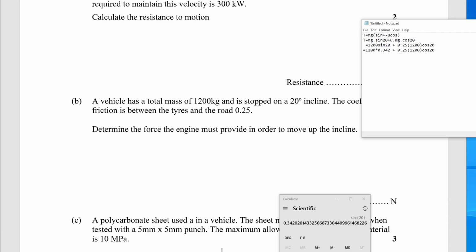And then cos 20. 0.9397. Okay. So now, because I've already got the cos number here, I'm going to multiply that by 1/4 of 1200, which is 300.